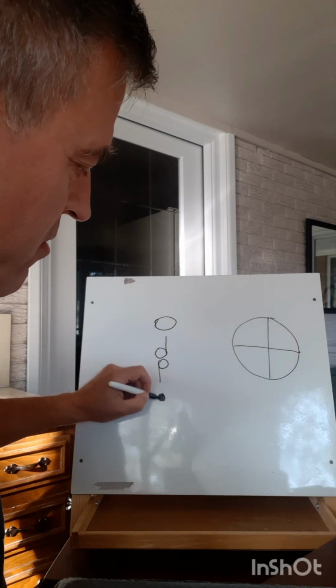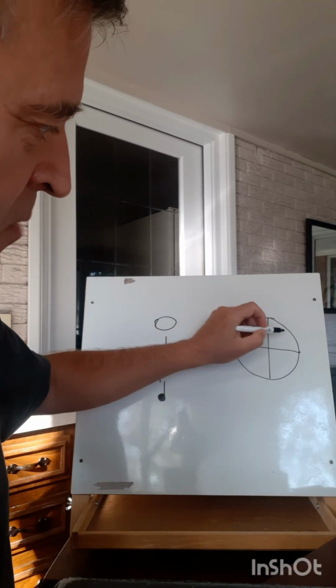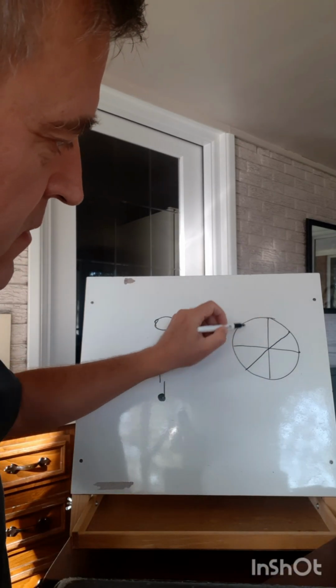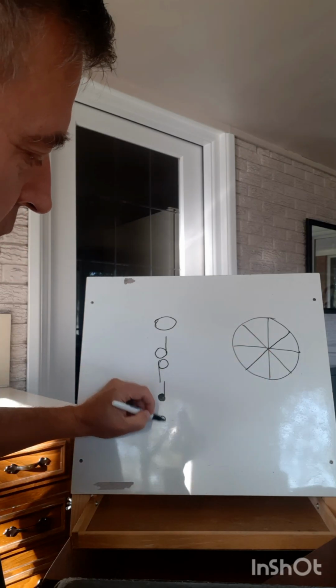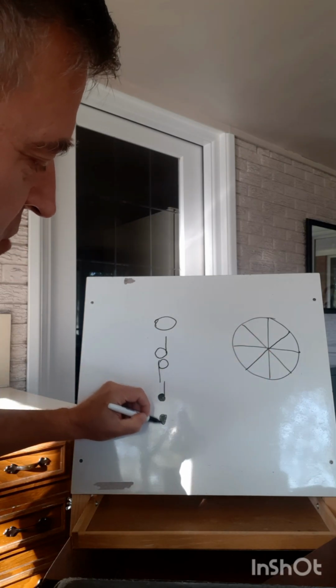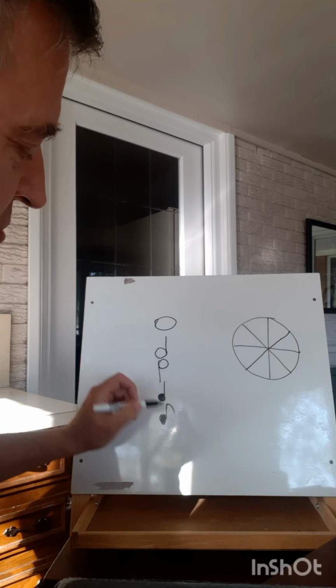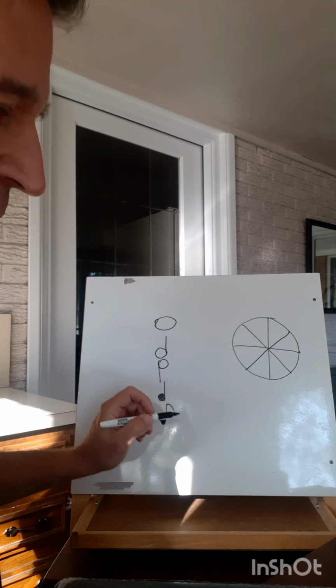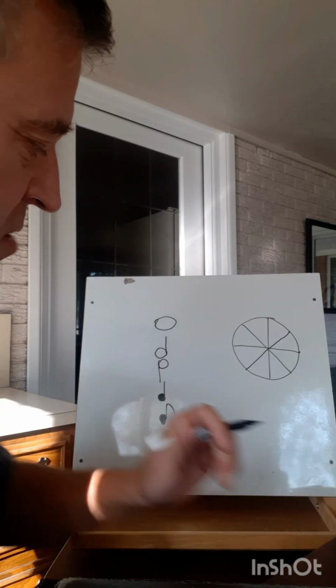The quarter note is a filled in black note with a stem. And then we're dividing that pie into eighths, and so we have a filled in black note with a stem with a flag. That flag represents the beginning of the next set of divisions of music notation.